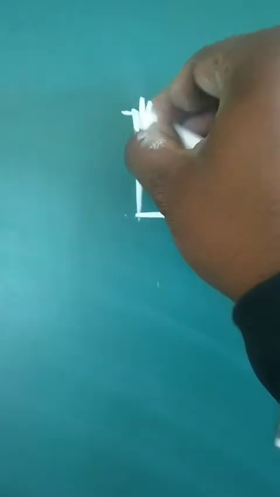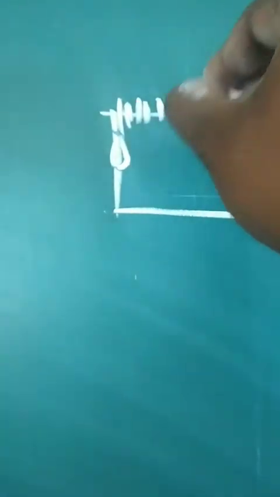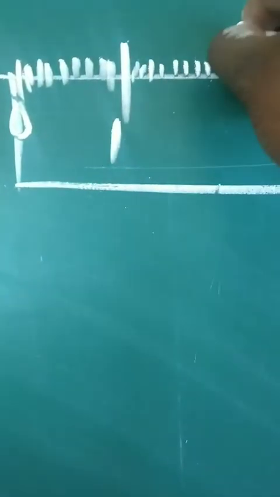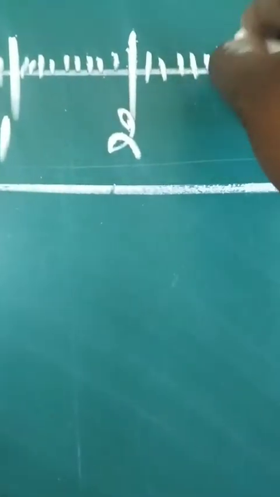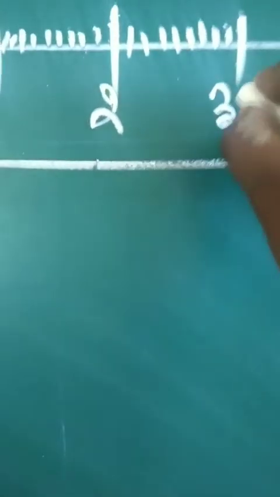The measure starts from here, 0, then 10 small lines, 1, 2, 3, 4, 5, 6, 7, 8, 9, 10. The 10th line is 1. Again 1, 2, 3, 4, 5, 6, 7, 8, 9, 10, the 10th line is 2. Then again 10 lines, that number is 3.